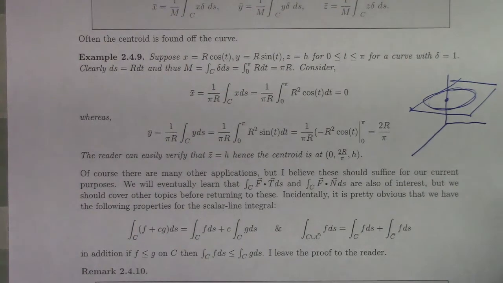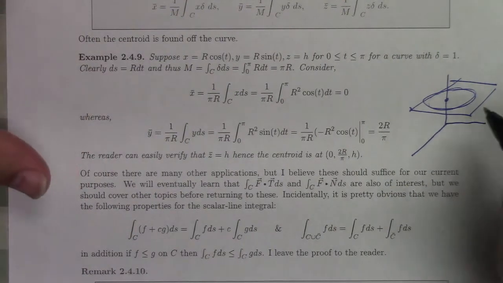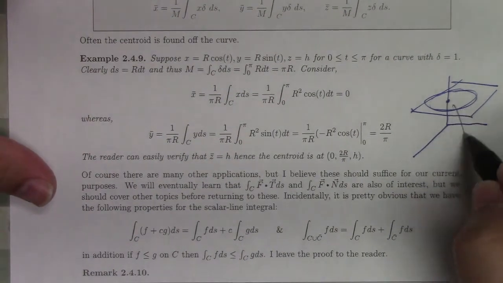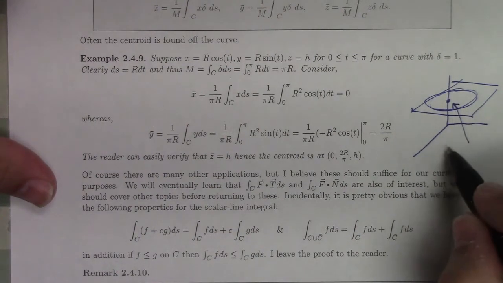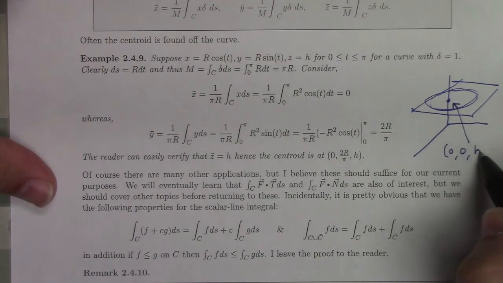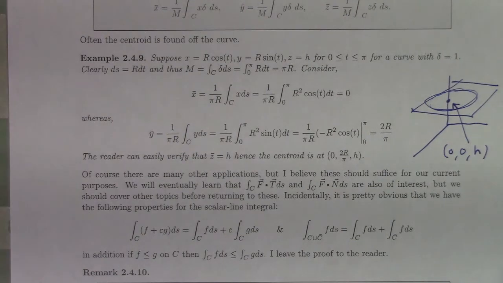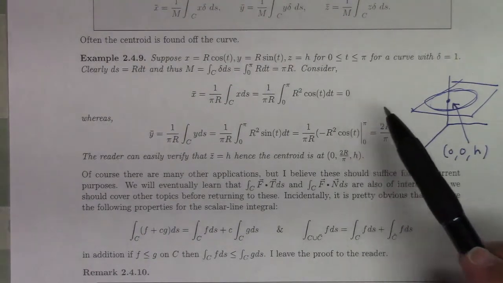The centroid of that circle should be this point right here, and that point is 0, 0, h. So I'm happy that x bar worked out to 0.